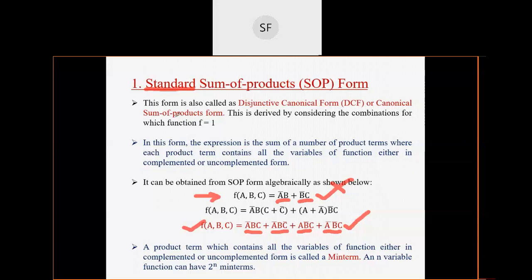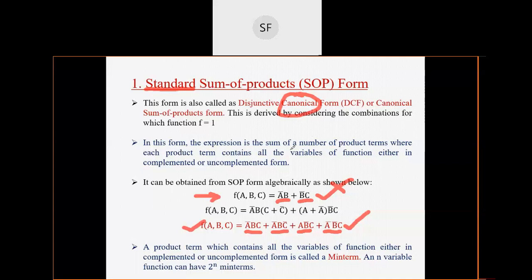So the same thing I have explained here, that this form is also called as disjunctive canonical form. Again this word is very important, canonical, or it is also called as canonical sum of product form. So this is derived by considering the combination for which the function f equals 1.